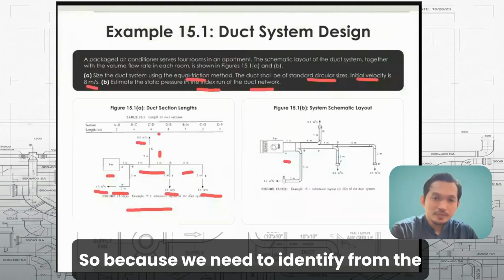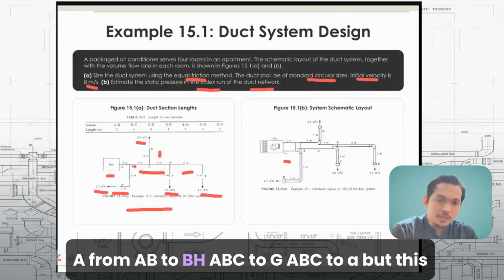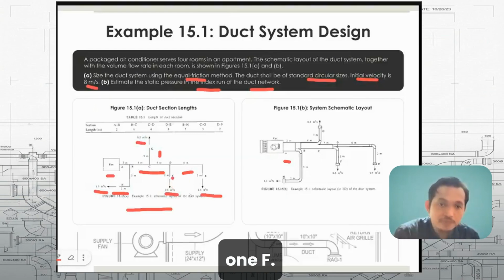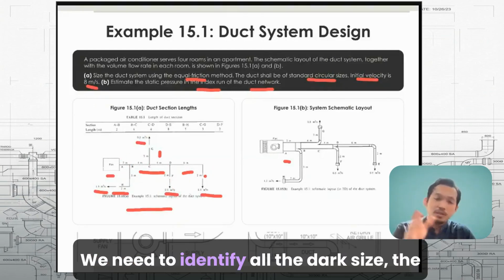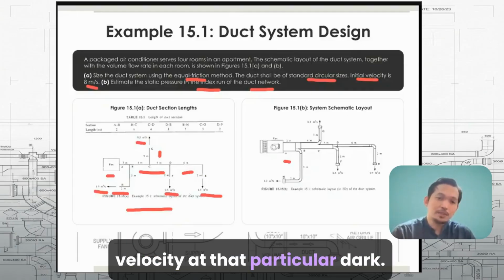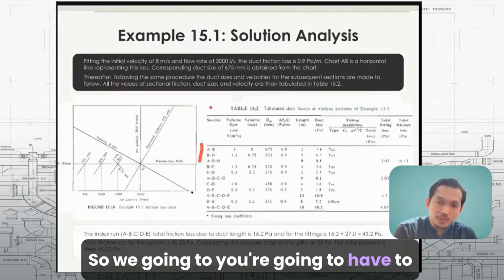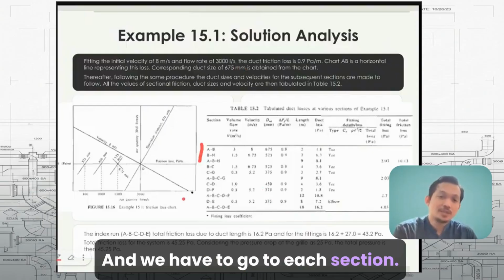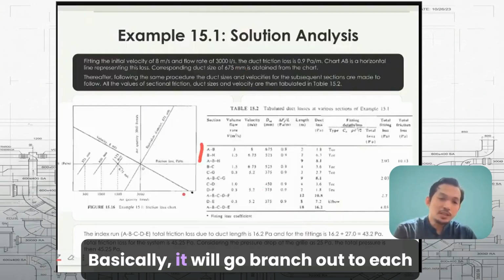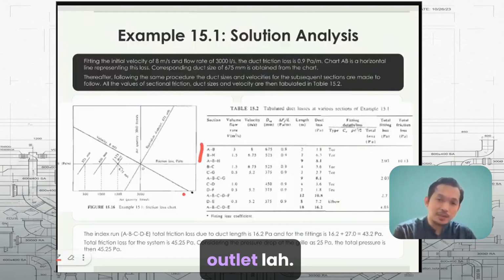We need to identify from AB to BH, ABC to G, ABCD to F, and ABCD to E. We need to identify all the duct sizes and the velocity at that particular duct. So you need to make this table, and we go to each section. Basically, it will branch out to each outlet.